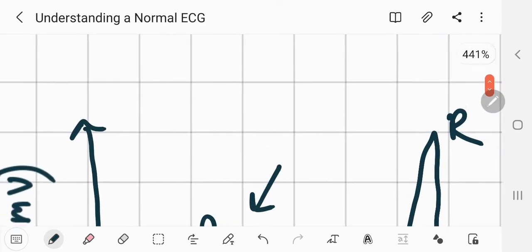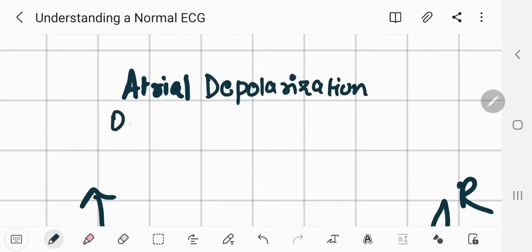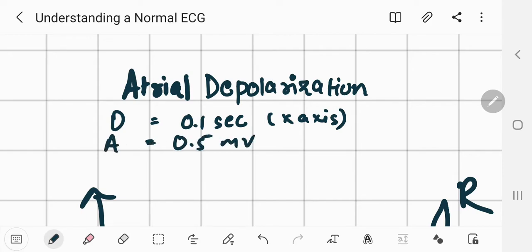So the P wave represents atrial depolarization, the duration of which is about 0.1 seconds. That means this will be shown on the x-axis, and the amplitude is 0.5 millivolt.